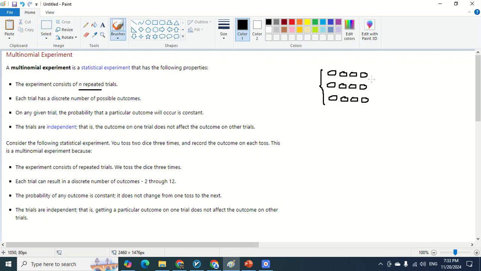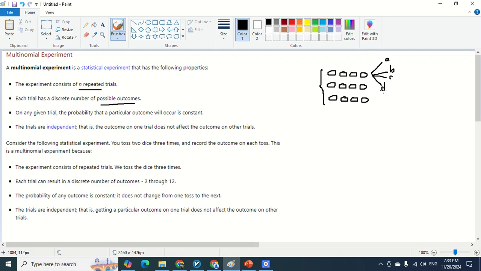Right now we have a statistical experiment that is repeated, and each trial has a discrete number of possible outcomes. So the possible outcomes for each trial can be considered as k outcomes. For example, in the previous example we discussed the correct answer and the wrong answer, but we can also have 4 choices for each question, where the person answers with choice A, B, C or D. This can be considered as 4 cases for each question.